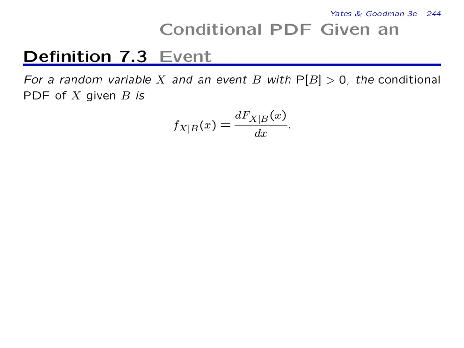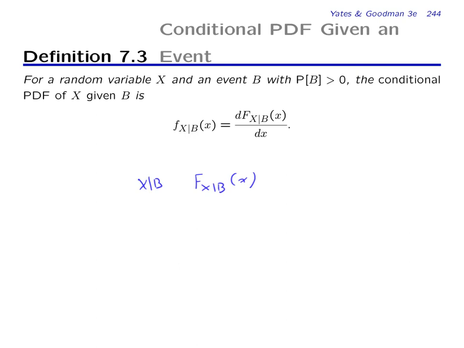Similarly, for a continuous random variable X, we can think of X given B as a new random variable with a conditional CDF of X given B. Once we have this conditional CDF, we can think about what's the density function associated with that random variable.